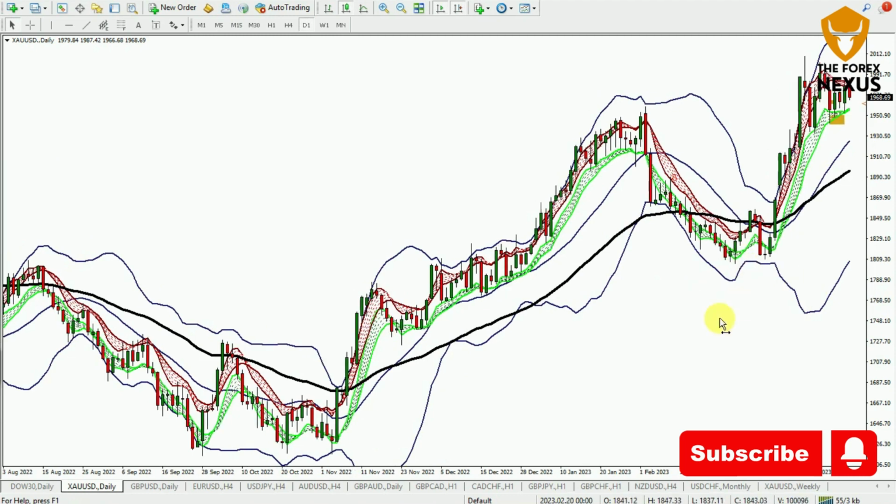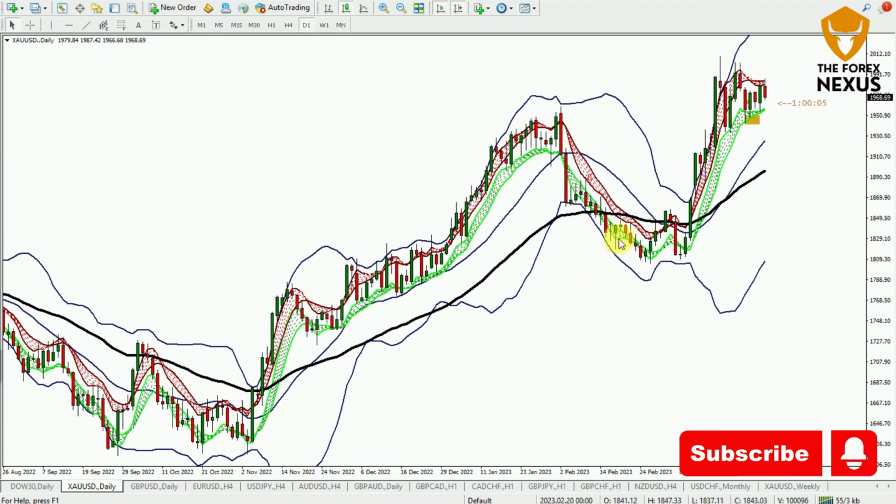At this point, you can see the MA 510 high is below the middle band, so the daily re-entry is valid. But at this point, you can see the Bollinger Band is flat, we can avoid the re-entry here. Now at this point, you can see the MA 510 low, the green one, is above the middle band, so we can take a re-entry at this point.